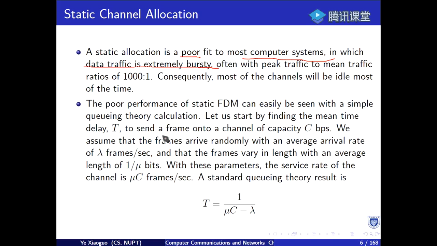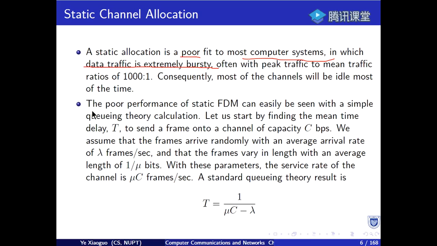Often with peak traffic to mean traffic ratios of 100 to 1. Consequently, most of the channels will be idle most of the time. So static allocation is not suitable for computer communication at all.